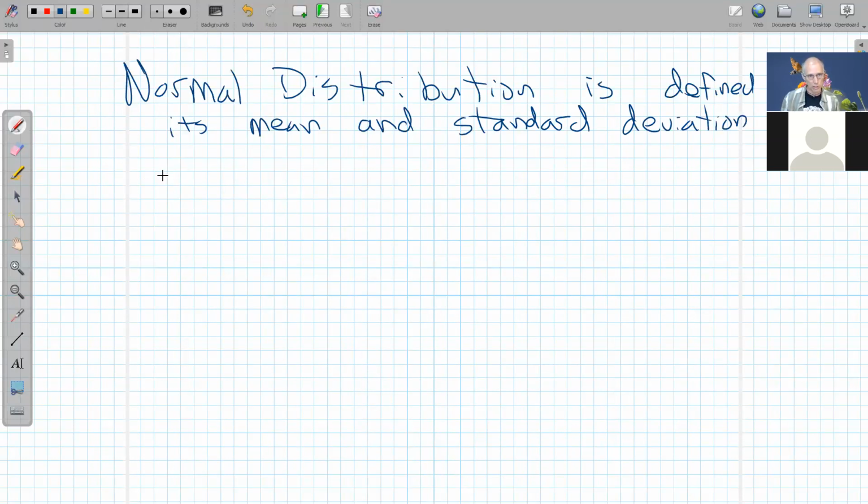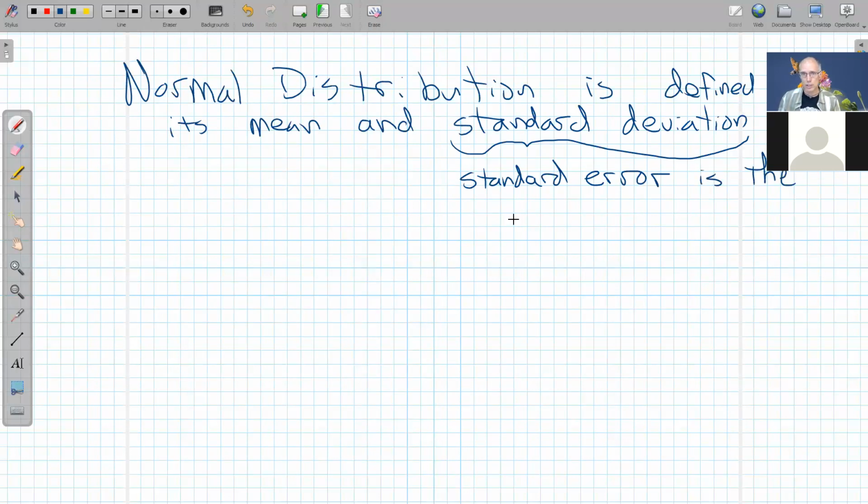When we talk about something having a normal distribution, we usually state two things: here's its mean and here's its standard deviation. Remember, when we talk about the standard deviation of a sampling distribution, it's called the standard error. So standard error is the standard deviation of a sampling distribution.